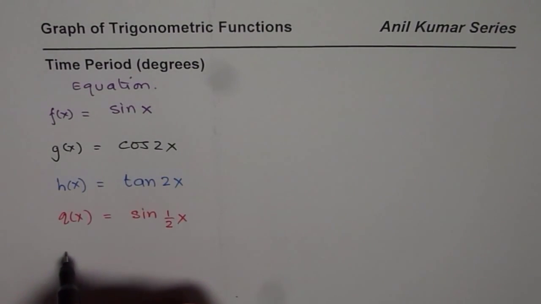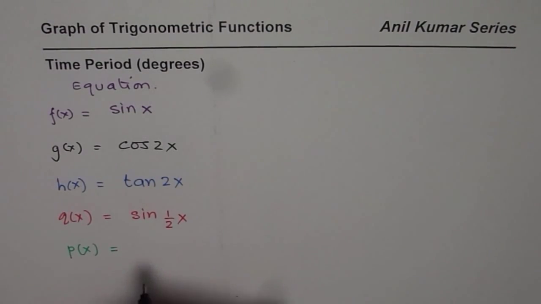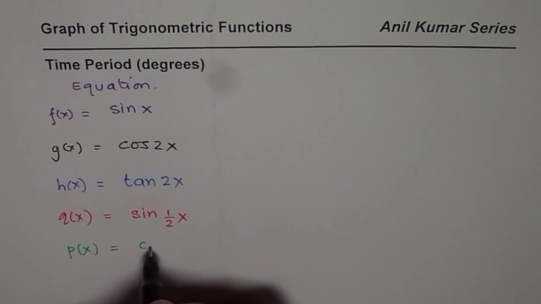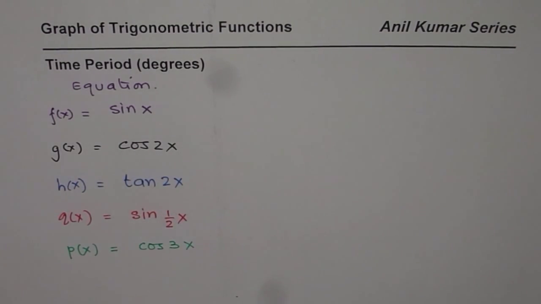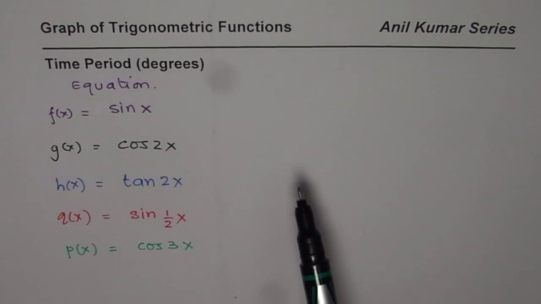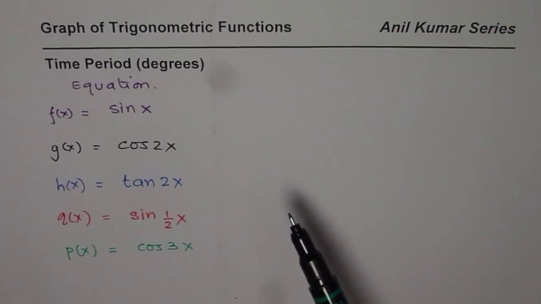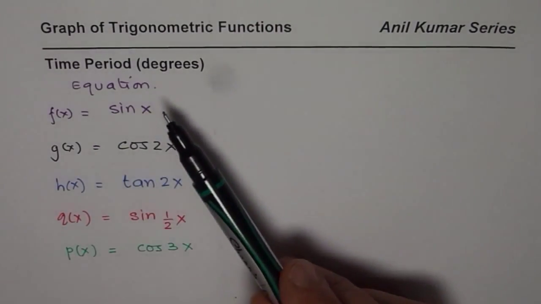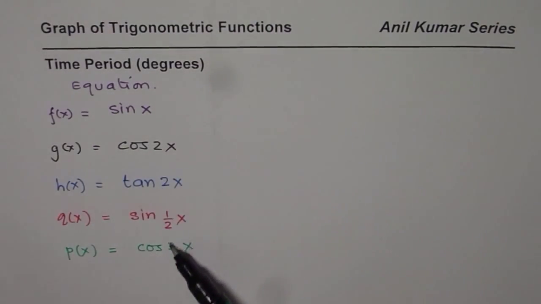So let us say p of x is equal to cos of 3x. So these are very simple functions where I'm not writing any vertical stretches, compressions and all those things, because we know the time period is really dependent on these values.